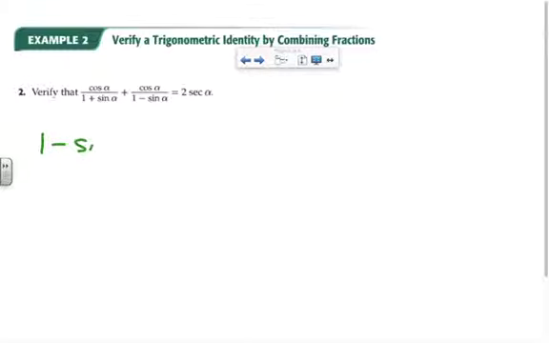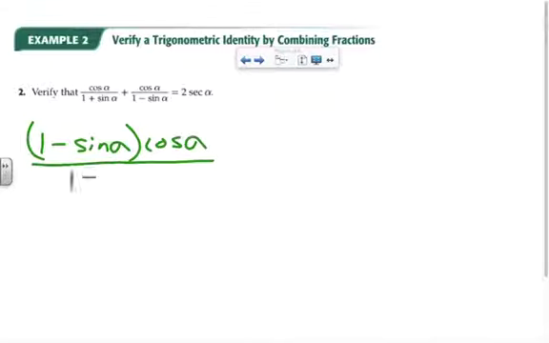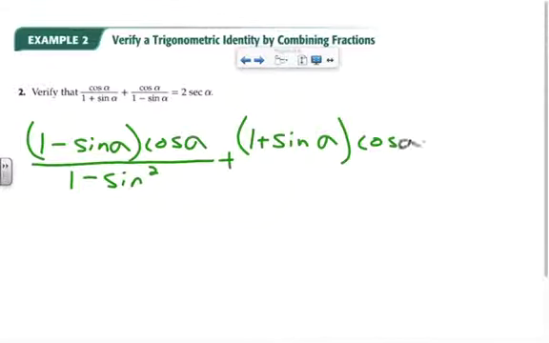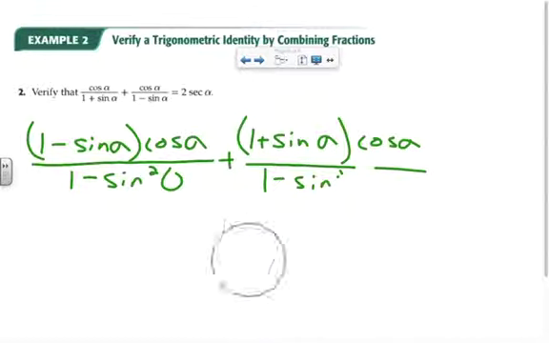So 1 minus sine of alpha times the cosine of alpha over 1 minus sine squared plus 1 plus sine of alpha times the cosine of alpha over 1 minus sine squared. Oops, I'm mixing up my Greek letters.